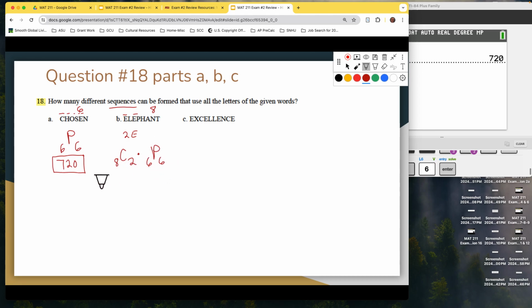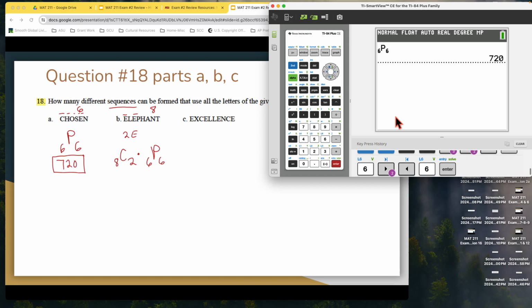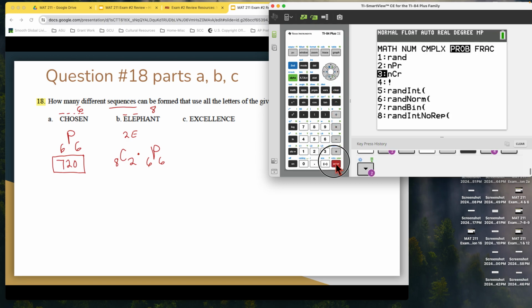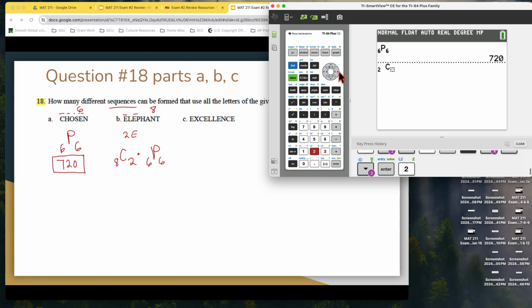So we'll see that we already calculated that. That's 720 times whatever this is. But again, with the calculator, I would just calculate them right in a row. Math, probability, nCr, we'll do 8, choose 2. That's how that one's read. Times 6 permutate 6.